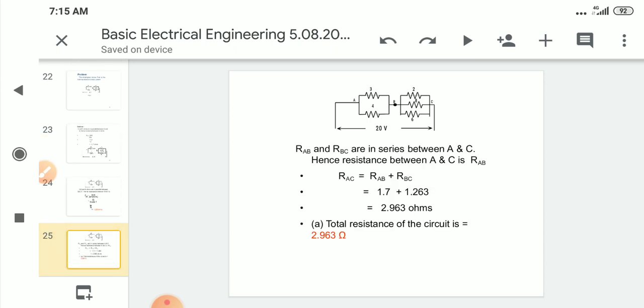Here total resistance is the combination of RAB plus RBC. RAB value is 1.7. RBC value is 1.2. The final answer is this.